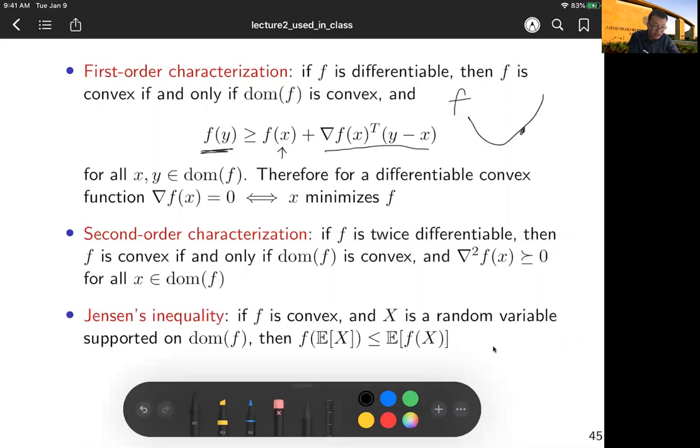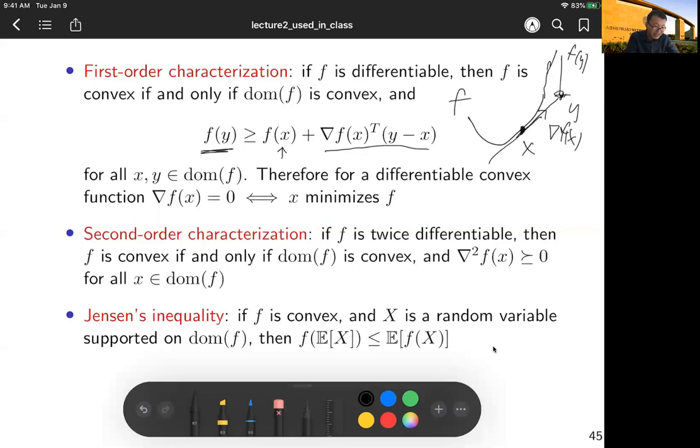At this location, I'm now drawing a linear line, and the direction of this is the gradient of f of x, right? Along this gradient direction, I'm finding the value for any point y. What the definition is saying is that if you draw a linear approximation of f at any location, then that serves as a valid lower bound. So f of y is greater than or equal to f of x plus this linear term, evaluated at this point.